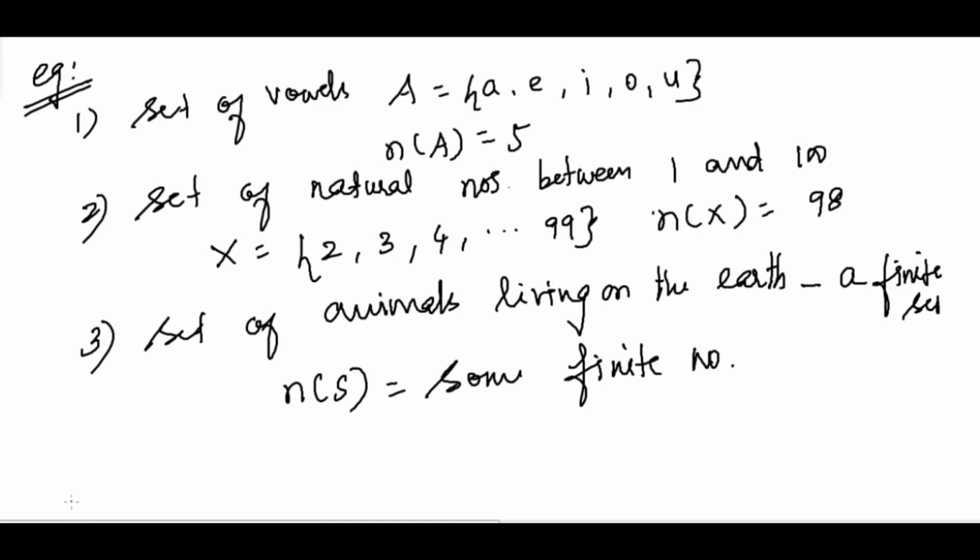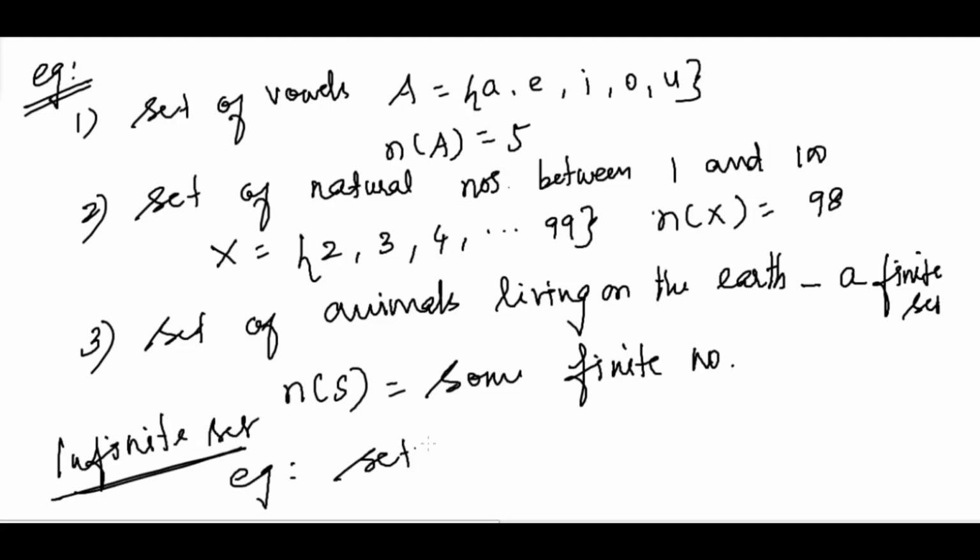Now what are the examples for infinite sets? Infinite set means a set having an infinite number of elements. The cardinal number cannot be a finite number. Example we can take: set of points on a line. It's clear there are infinitely many points on a line.